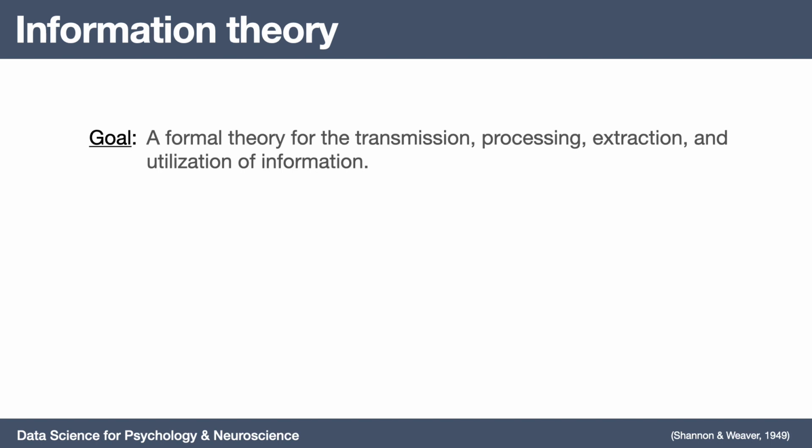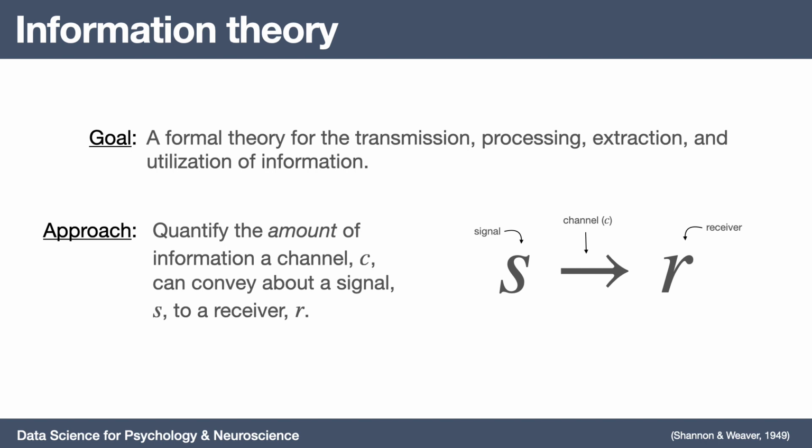You can boil most of information theory down to this relationship here. You have a signal, you have a receiver, and you have the channel that relays the signal to the receiver. And the approach that information theory takes is to use mathematics to quantify the amount of information a channel can convey about a signal to a receiver.